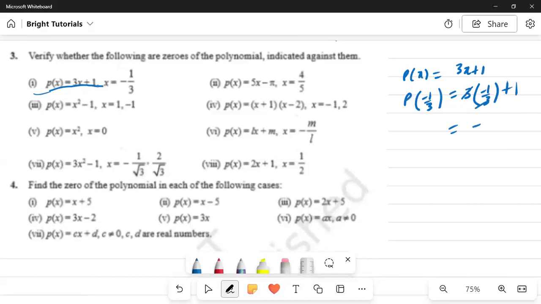Here it becomes minus 1 plus 1. So the value of p(minus 1 by 3) is equal to 0. So by putting x equal to minus 1 by 3 in this polynomial, the value comes out to be 0. So yes, minus 1 by 3 is the zero of this polynomial. In this way, we will do other questions also.